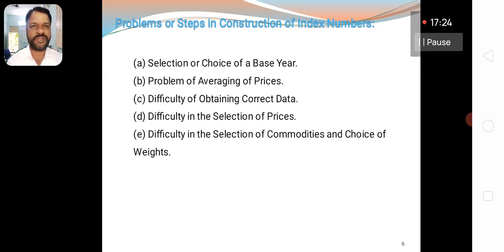Now that should be involved in the construction of the index number, and the base year should be very close to the current year. It should not be an abnormal period. That should be kept in mind at the time of selecting the base year.